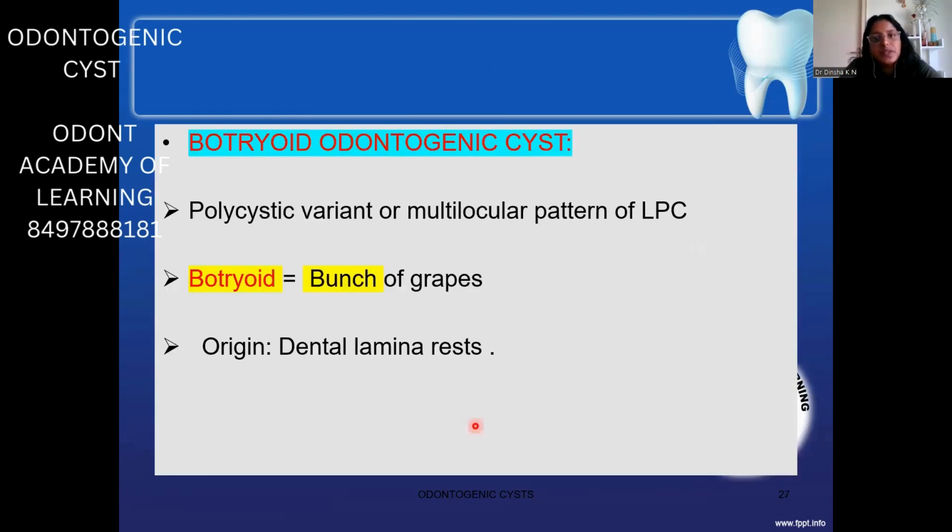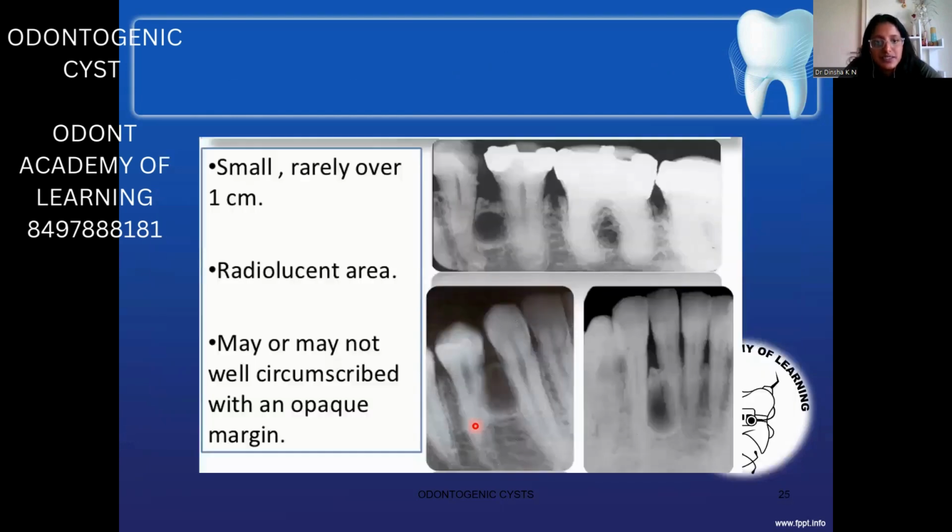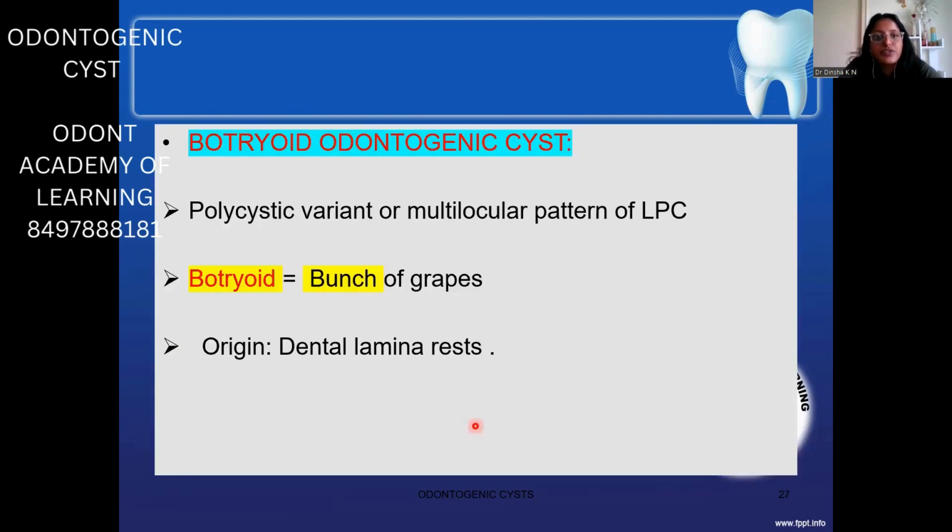Whereas, if it appears like a polycystic variant, this is a single cyst or unicystic variant here, but if you see more radiolucency, a polycystic or multilocular variant of the same lateral periodontal cyst on the lateral surface of the tooth, you call it a botryoid odontogenic cyst. That means a polycystic or multilocular pattern of your lateral periodontal cyst is known as a botryoid odontogenic cyst or BOC. Botryoid means a bunch of grapes.